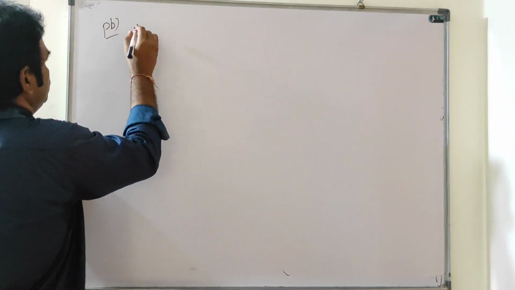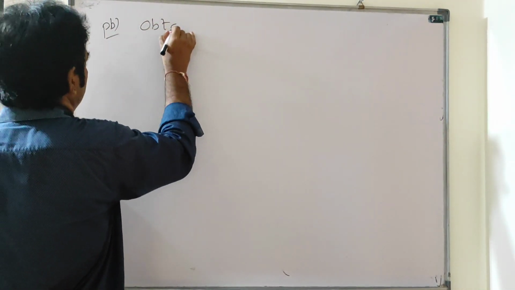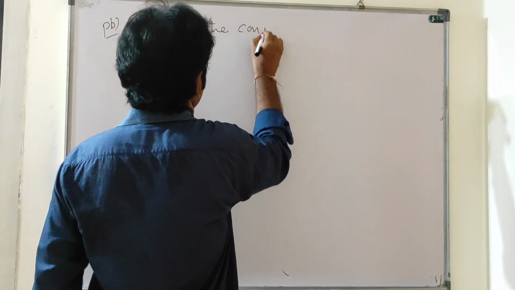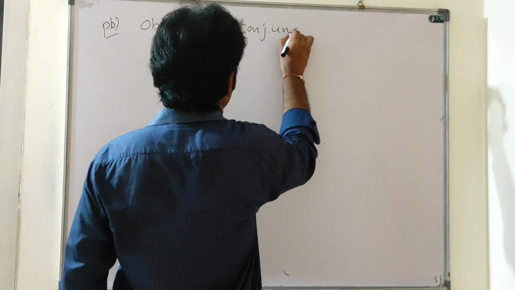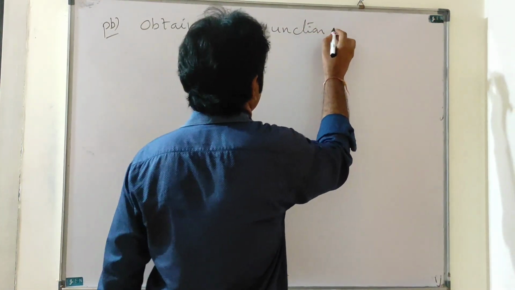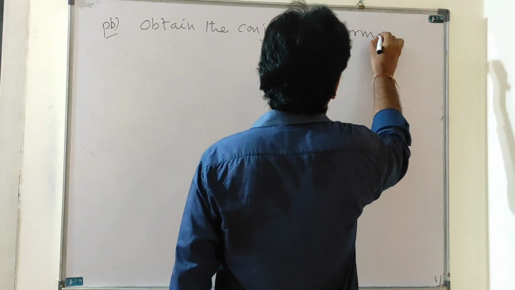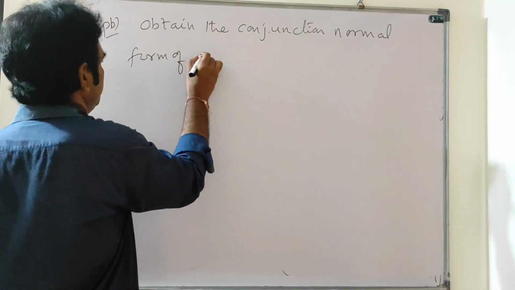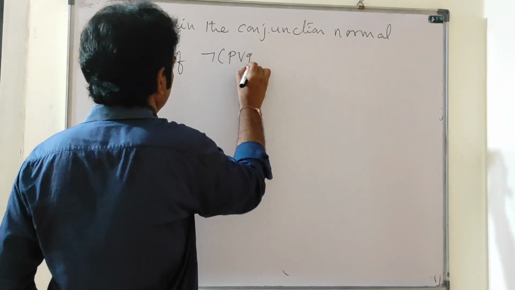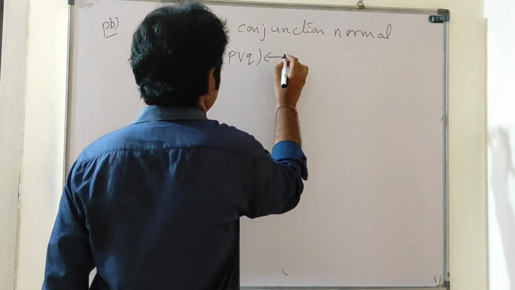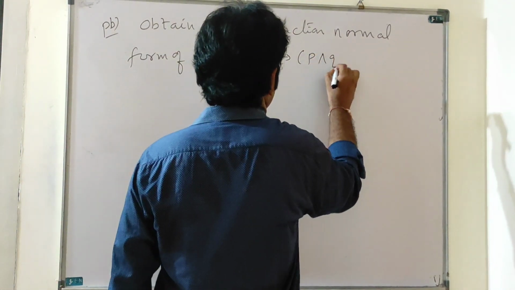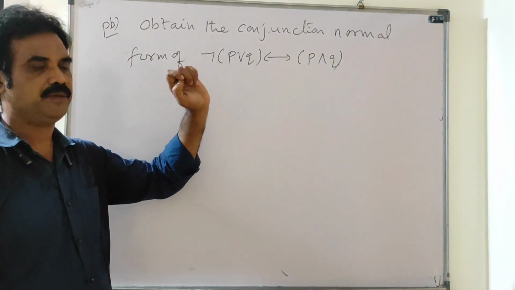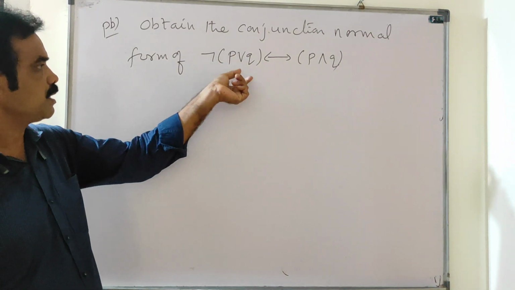Next problem. Obtain the conjunctive normal form of negation of P or Q by implies P and Q. We have to find conjunctive normal form of this.